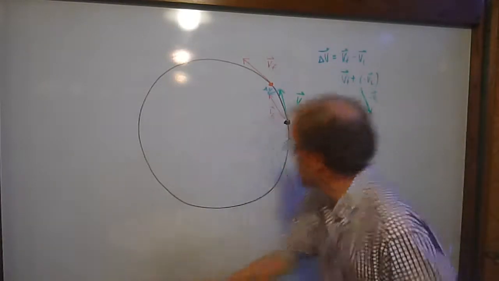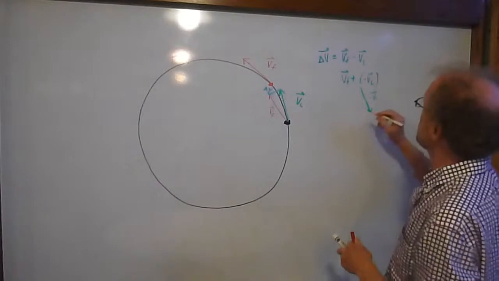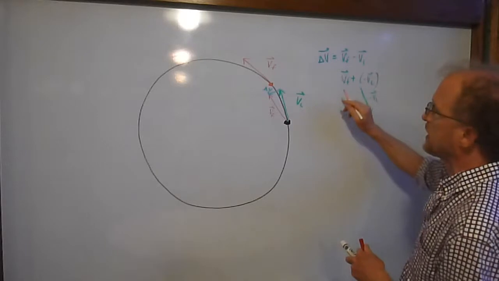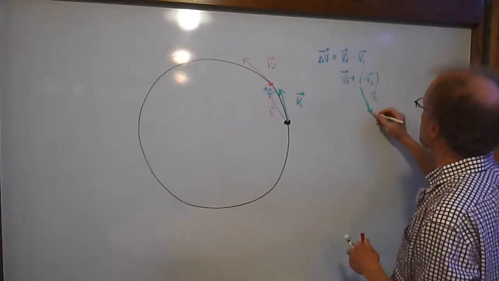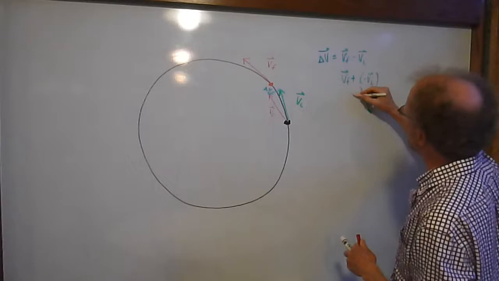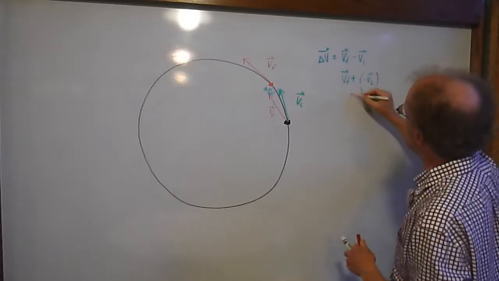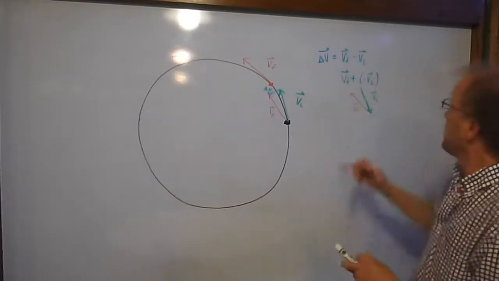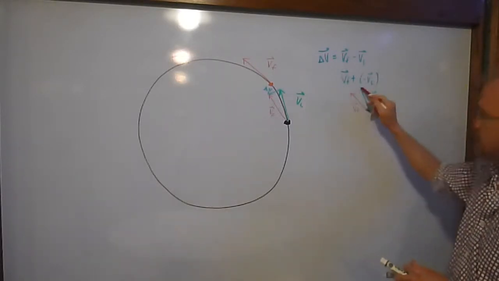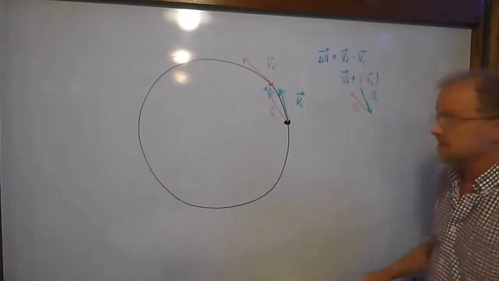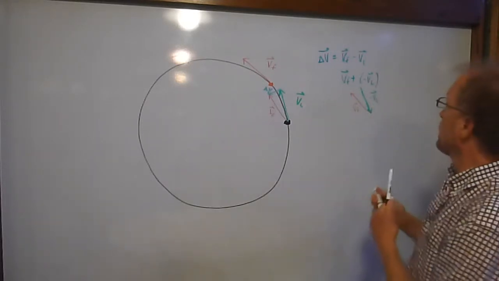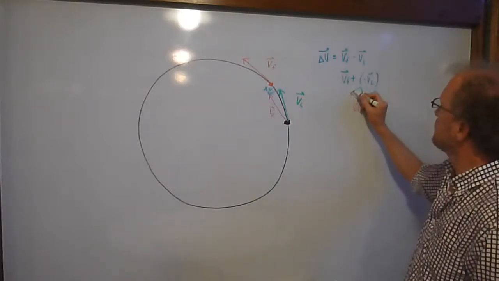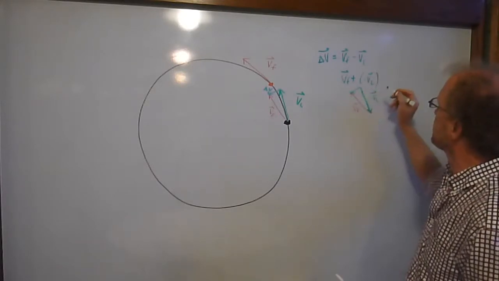And then the final velocity is this one. We're going to keep that in the same direction since we're not making it negative. And we're going to add them head to tail. And we know when we're adding vectors head to tail, then the resultant, the sum, is what we get by going from the tail of the first vector to the head of the second vector.